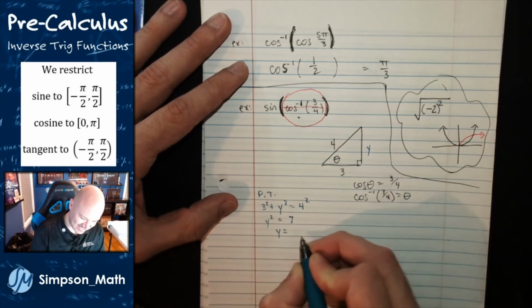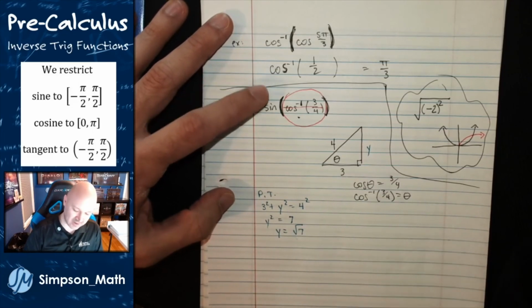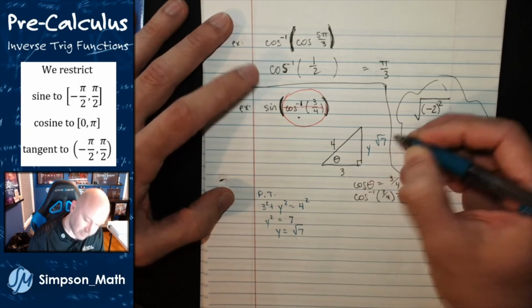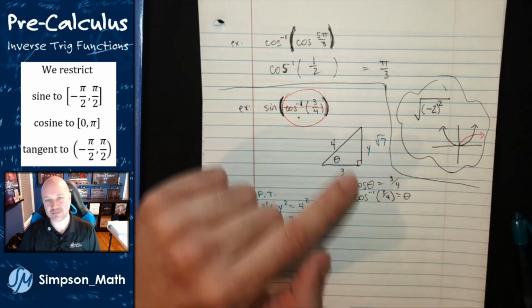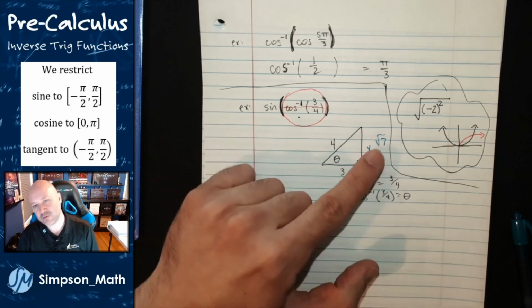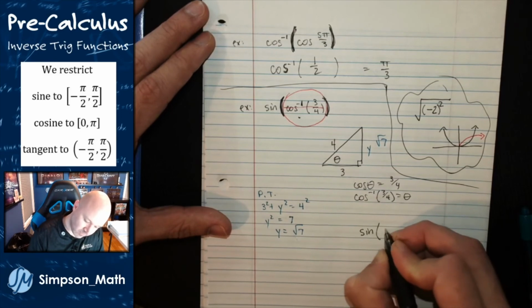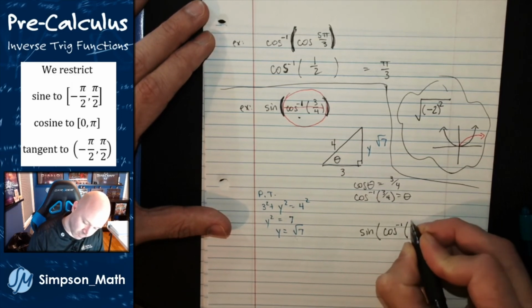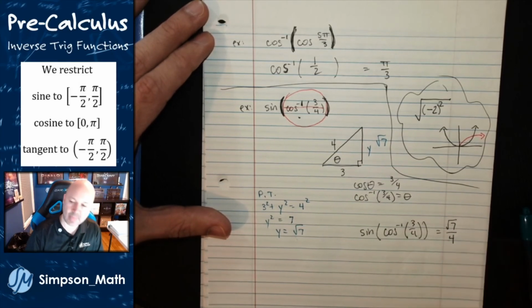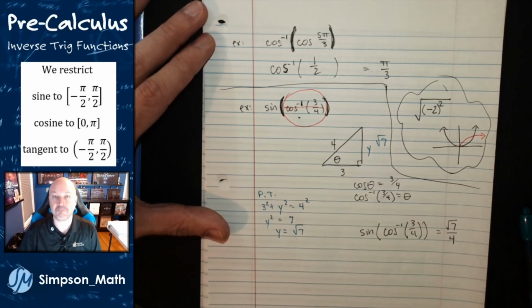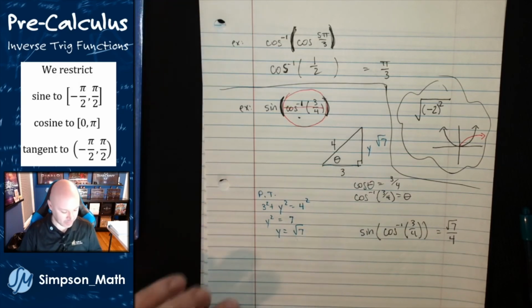So y is the square root of 7. So then I can answer this question. Sine of the angle that this describes would be root 7 over 4. All right. That was fun.